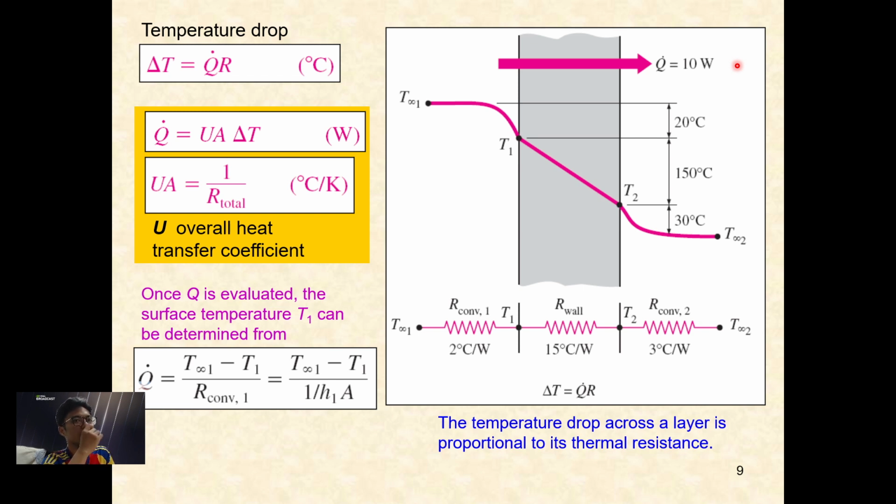Okay. What happen if you have multiple layer of wall? Can you find temperature drop? Yes. Can you use resistant thermal concept ataupun resistant thermal network? Yes.